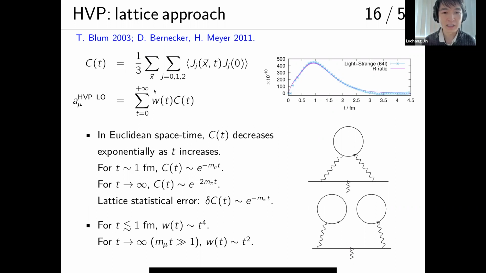And the integrand, the combined w and the correlation function, will look like this. So you see that most of the contribution is between 0 and 2 Fermi. This range is where the most contribution is coming from.